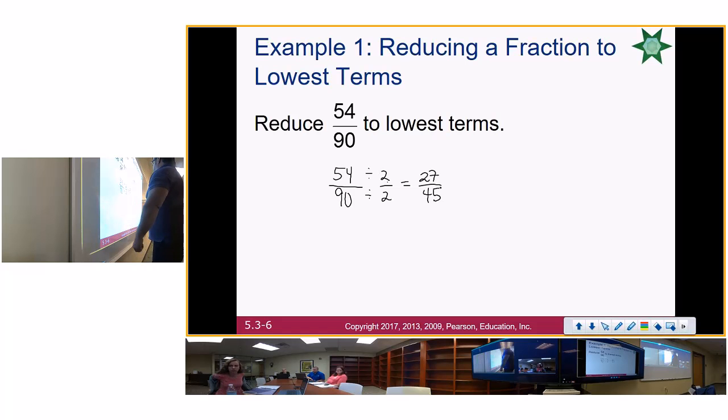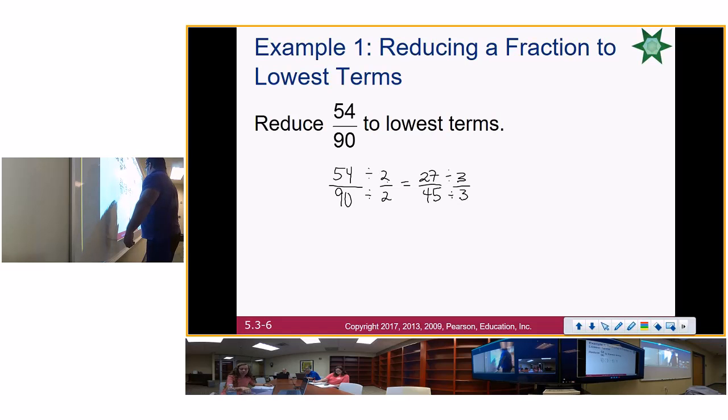45. Now, knowing what you know out of 5.1, you know that you can divide by 3 with both of these. Why can't you divide by 2? Because they're not even. 2 only goes into what? Even numbers, Hubert. That's right, class. So I'm going to divide by 3 on top and 3 on the bottom. Now, why am I dividing by 3 and not 9 again?